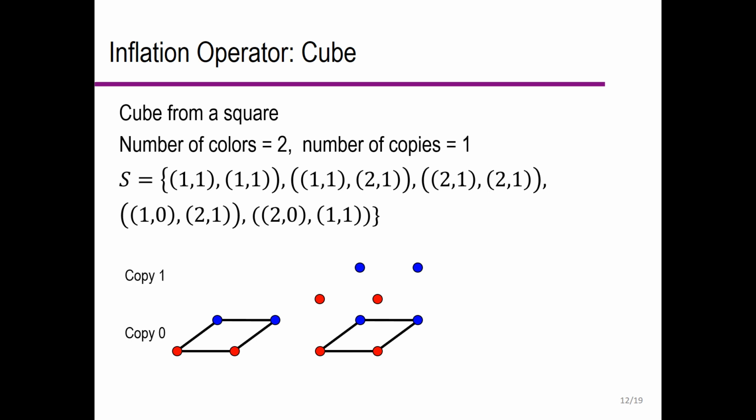Now we need to connect things. So if we look at the first 3 pairs in the list, they basically say how we have to connect vertices in copy 1. So it says that we have to connect all colors to all colors. Say color 1 to color 1, color 1 to color 2, and color 2 to color 2.